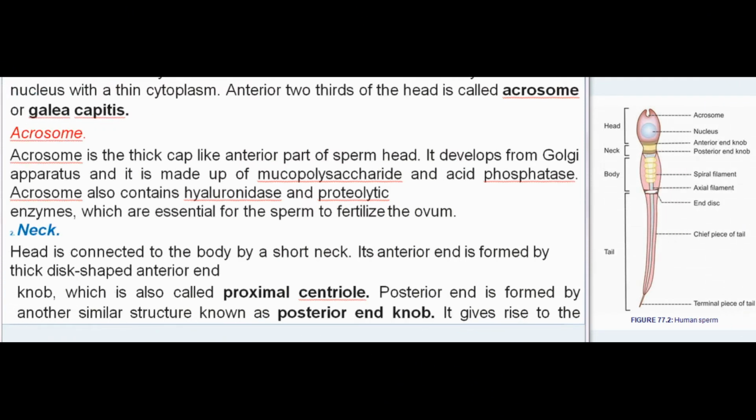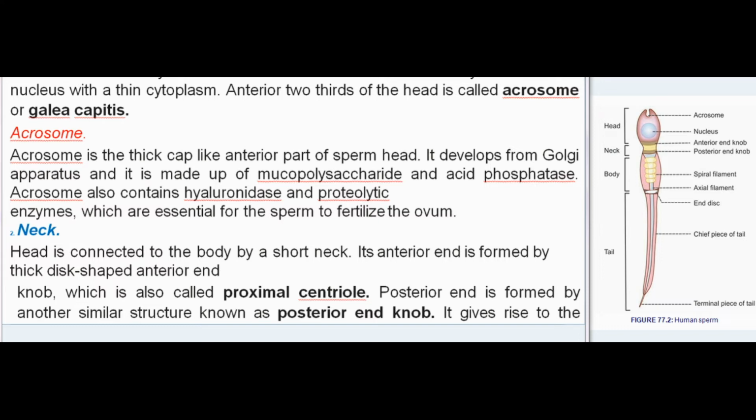Acrosome. Acrosome is the thick cap-like anterior part of sperm head. It develops from Golgi apparatus, and it is made up of mucopolysaccharide and acid phosphatase. Acrosome also contains hyaluronidase and proteolytic enzymes, which are essential for the sperm to fertilize the ovum. Neck. Head is connected to the body by a short neck.